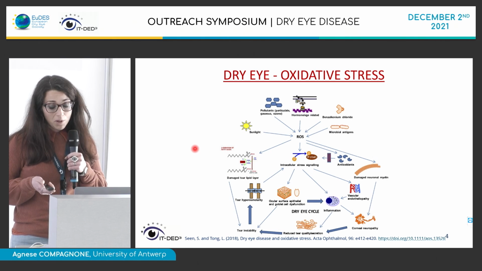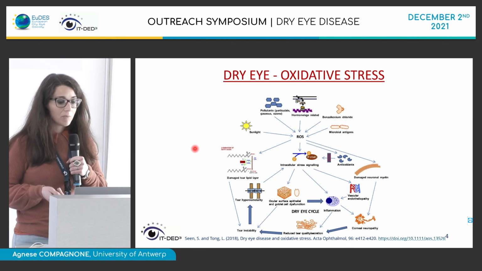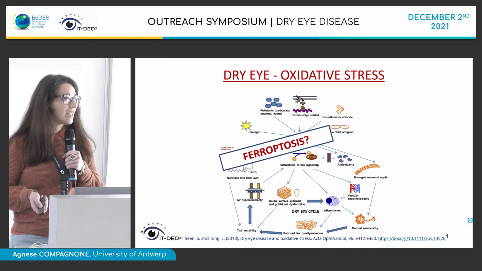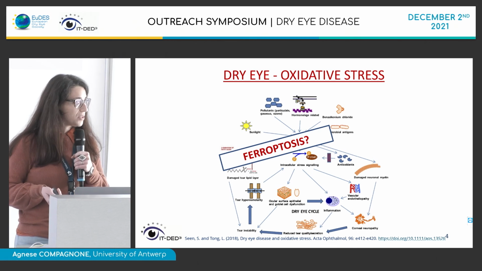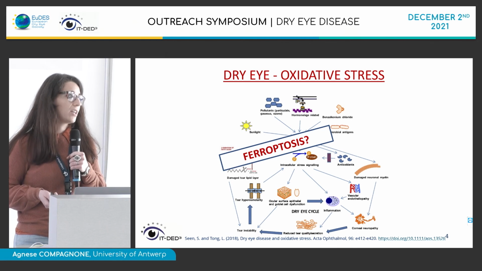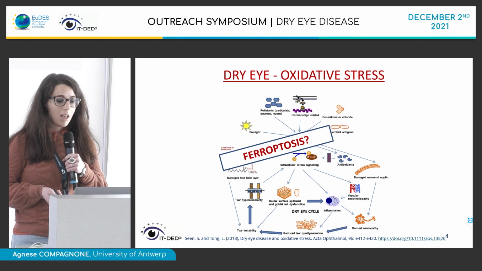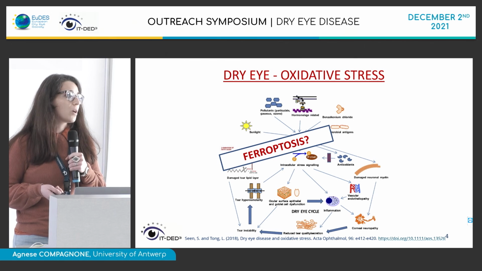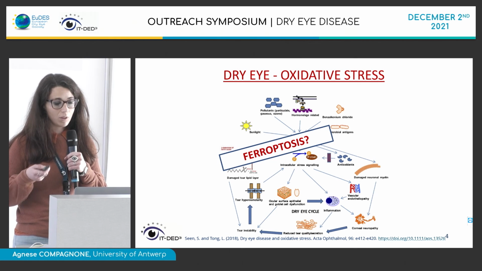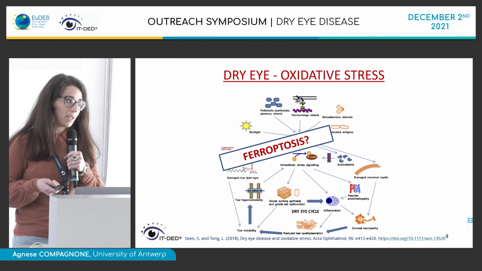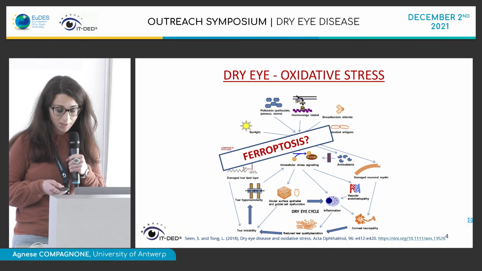And our main hypothesis is there: can ferroptosis be relevant for dry eye? Especially because we have the outermost lipid layer on the ocular surface.